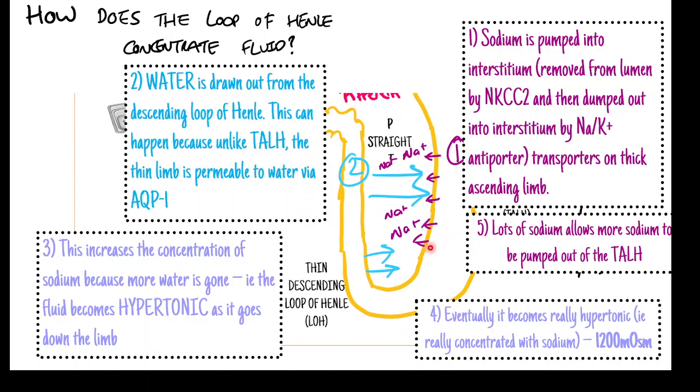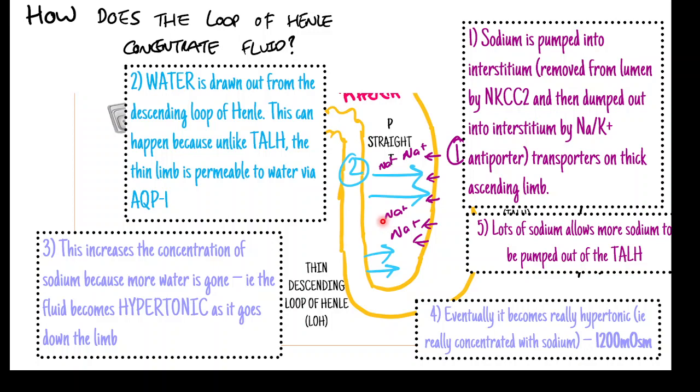So essentially the point of this is that we've got a really concentrated bit at the bottom. We start from 300 here, and by the time we're ending at your thick ascending limb and starting in your distal convoluted tubule here, you're also at around 300. So 300 and 300 and 1200 at the bottom. Essentially, this gets more and more concentrated here, and this gets less and less concentrated here.